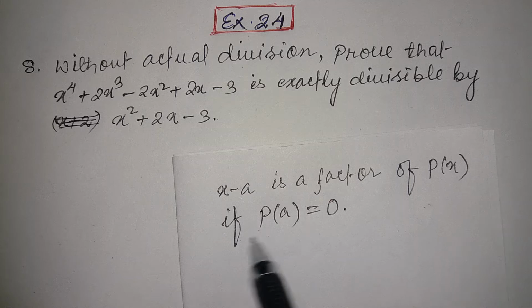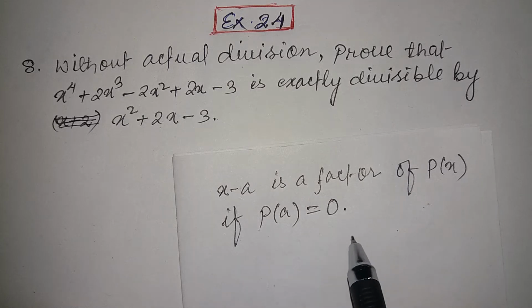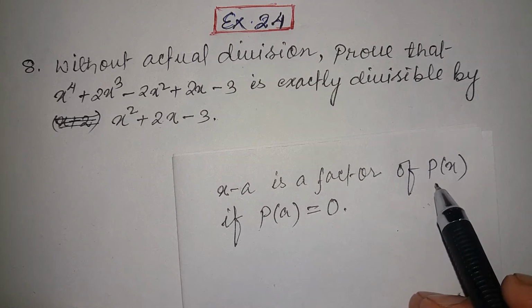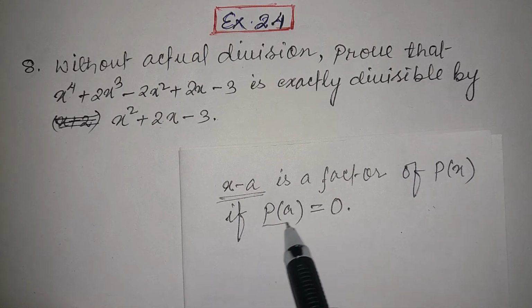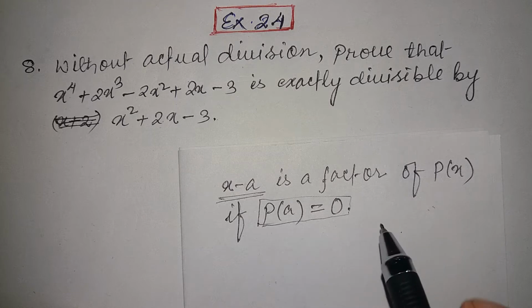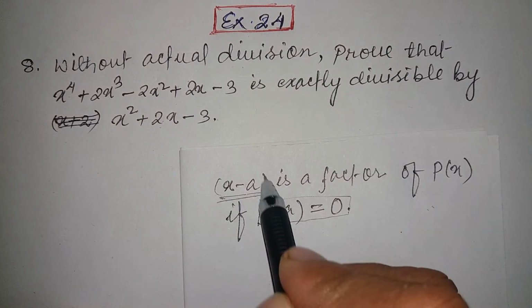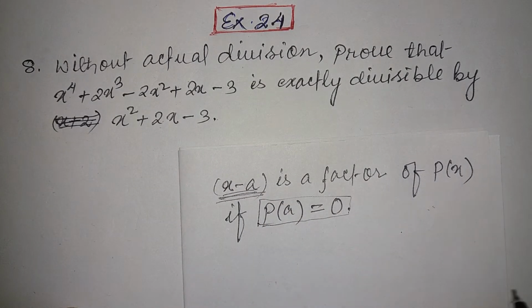This is a very simple concept. What it says is, if a polynomial p(x) is divided by x minus a and the remainder is 0, then x minus a is a factor of p(x).